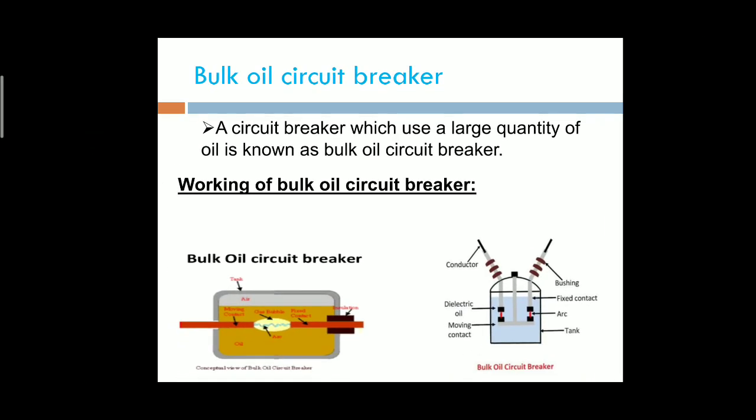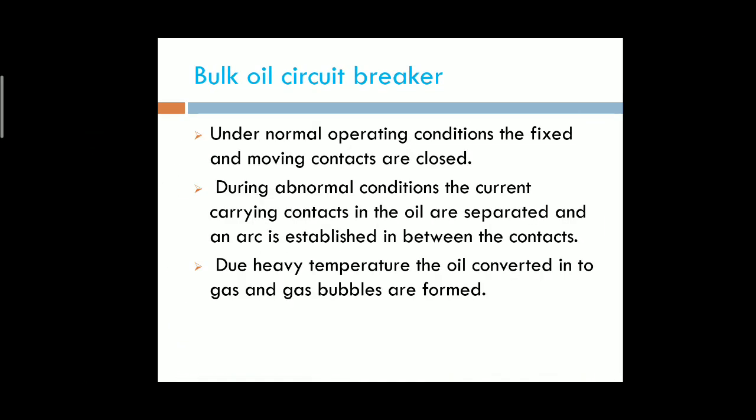We extinguish the arc. This is the bulk oil circuit breaker working. Under normal operating conditions, that means the no fault condition, the fixed and the moving contacts are closed.